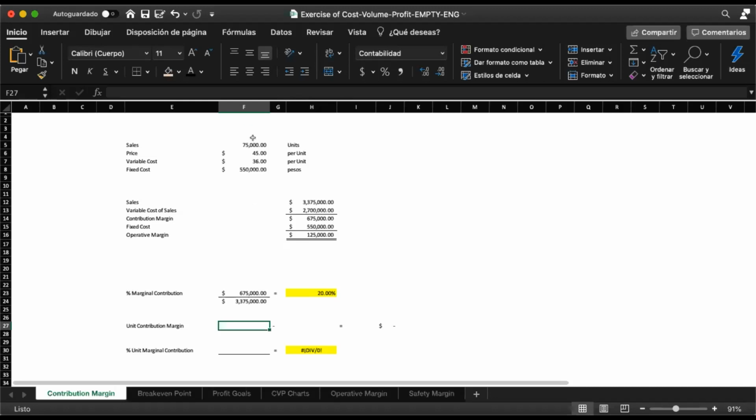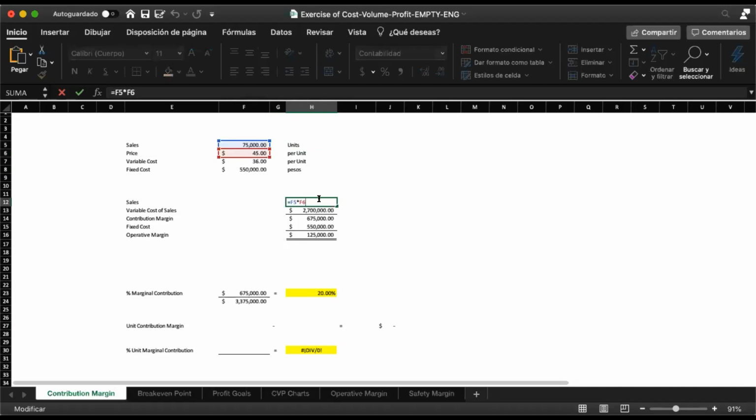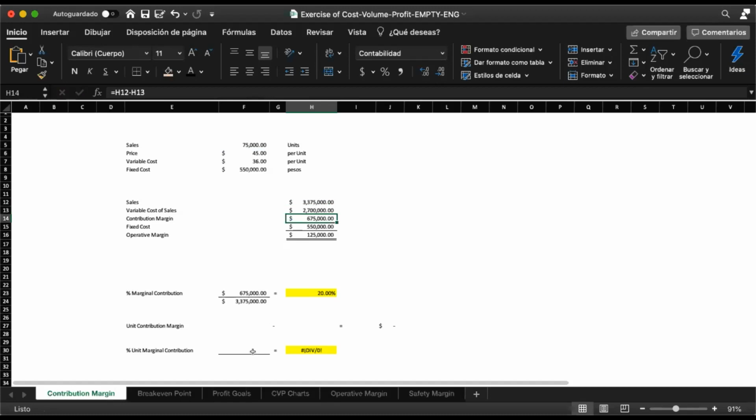Sales is a function of units times price, right? And how did you get the sales and the variable cost? You multiply the units times the unit price and times the unit's variable cost, right? Yes. So what will be the unit contribution margin?